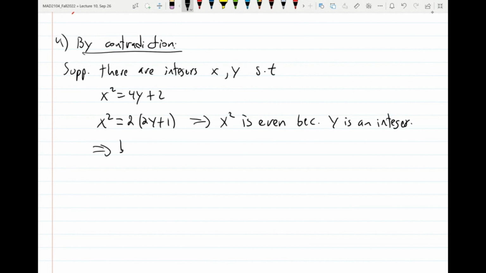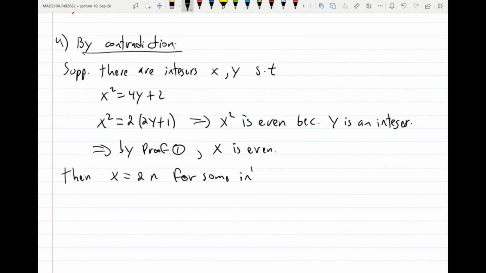So then, by proof 1, x is even. Yes? All right, but now if x is even, I can come back here and I can rewrite the equation a little bit more. So let's see, if x is even, that means that I can write x as 2 times n for some integer n. Yes?